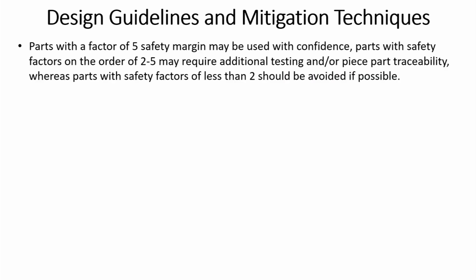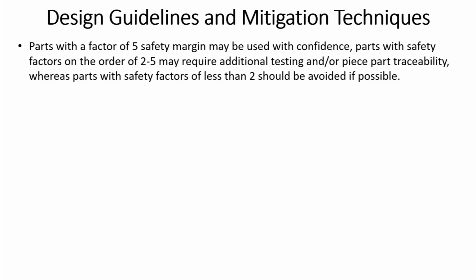Now, about the approved parts: those parts which you select should have a safety factor of 5 or above, and those can be used with confidence. But if the safety factor is between 2 and 5, it may be necessary to carry out additional testing or piece part traceability.